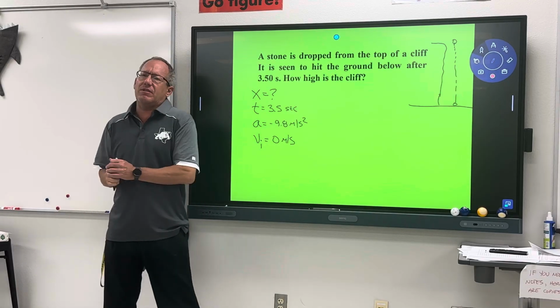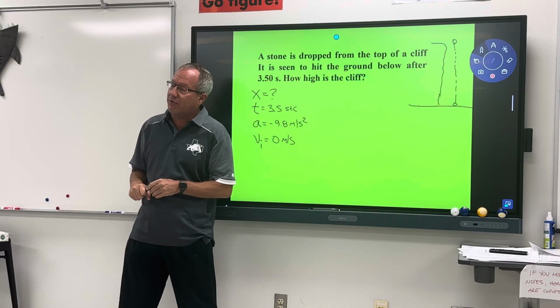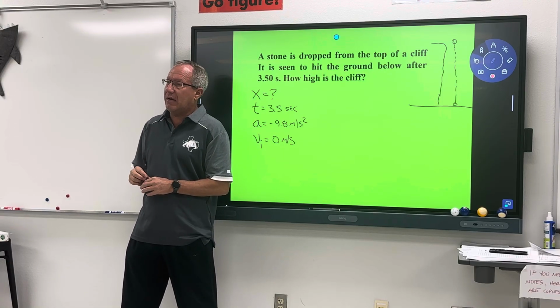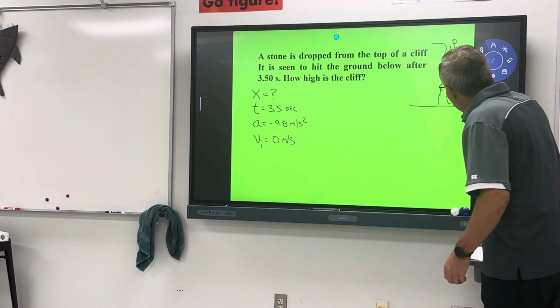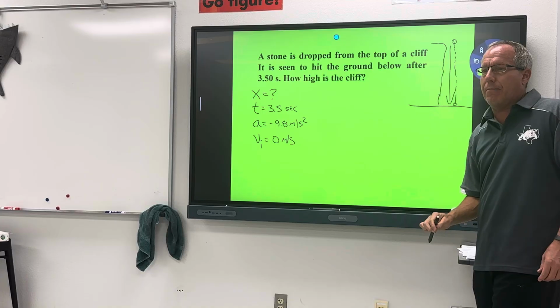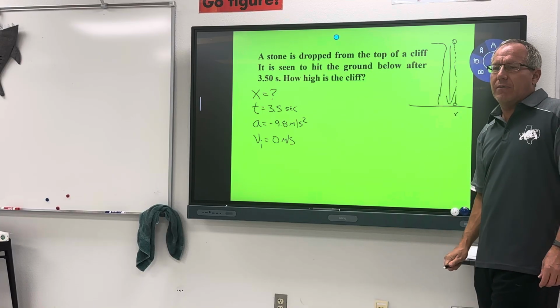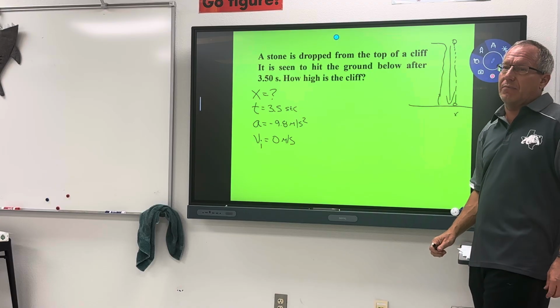Before I calculate this out, what should my displacement calculate out to, a positive or a negative? It's going to have to calculate out to a negative. We know for sure. Why? This is being displaced downward. It's not being displaced upward. If it's being displaced downward towards the origin, which is Earth, it's going to have to calculate out as negative. So if it calculates as positive, you've done something wrong.